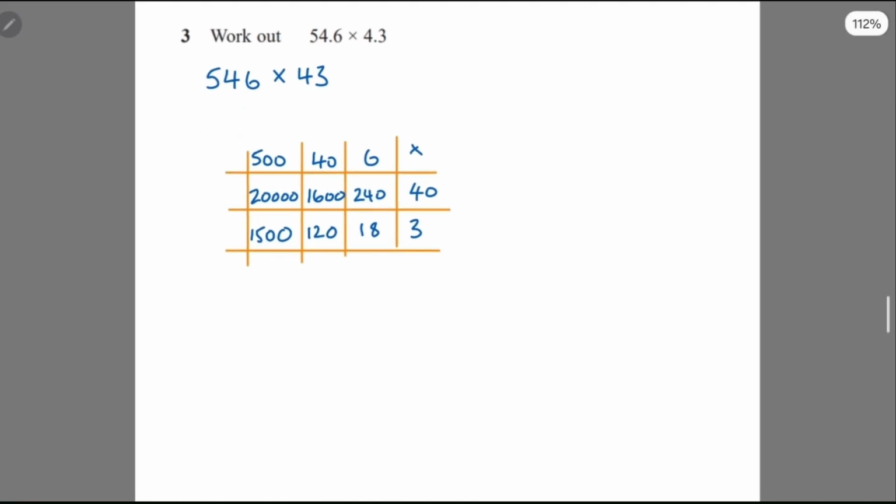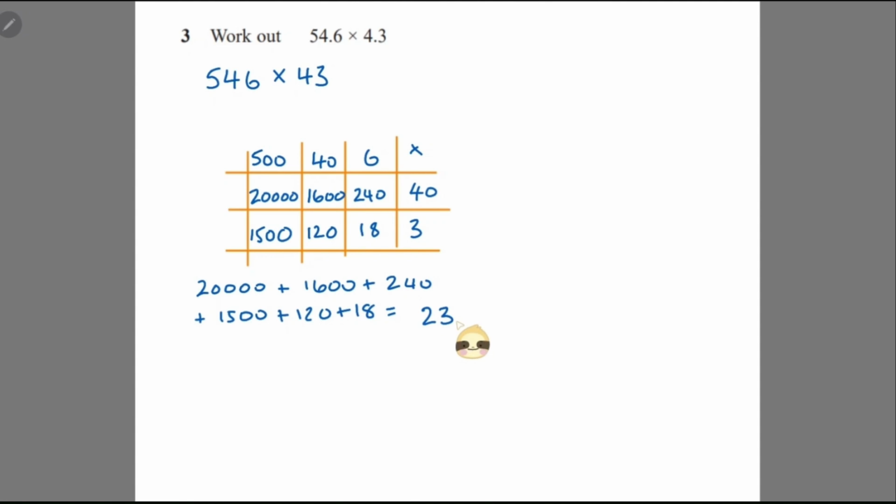To get the answer for the multiplication, we need to add the answers in the middle here: 20,000 plus 1,600 plus 240 plus 1,500 plus 120 plus 18. If you've done this properly, you should come to 23478. If you get to this point, you would get 2 marks.